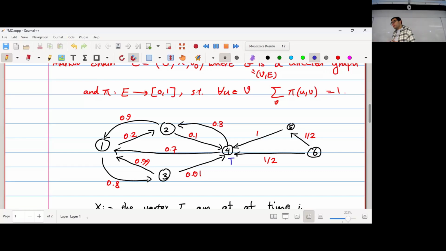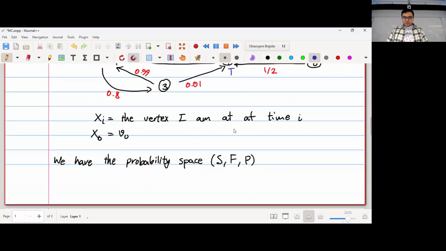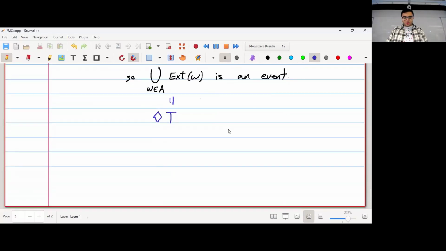Right? But my problem is that I might have some walks that visit T more than once. So I don't know, maybe I have a walk that comes to T after 100 steps, but then goes somewhere else, comes back to T again after 200 steps, right? So if I want to do something like this, it's really awful because I will have to do an infinite inclusion exclusion. And I don't want to do that, right? I want to do a much simpler thing. So I'm going to actually find a recurrence formula for this.